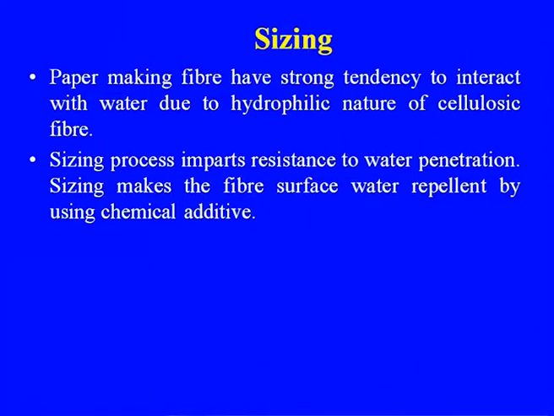So, refined pulp stock of required quantity is taken and chemicals are added according to the grade of the paper, which I told you. The sizing, because the paper making fibers have a strong tendency to interact with water due to the hydrophilic nature of the cellulosic fiber.